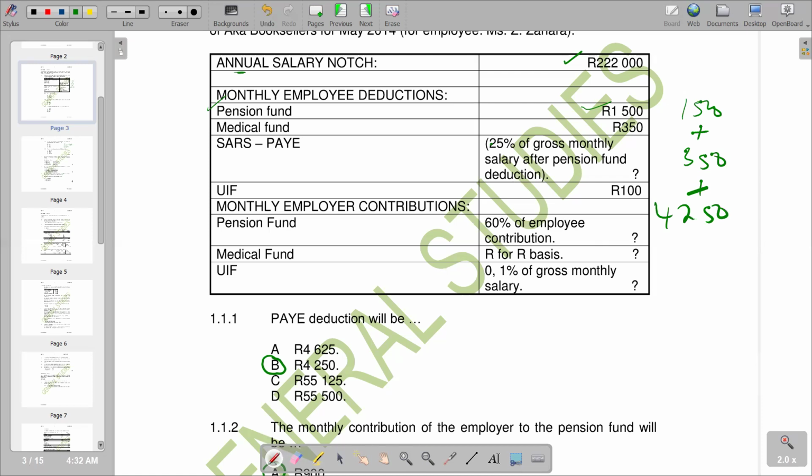And then for UIF, we have it there, it's 100. So if you add these, you get your total deductions, which is 6,200.